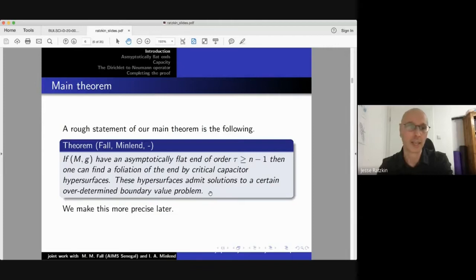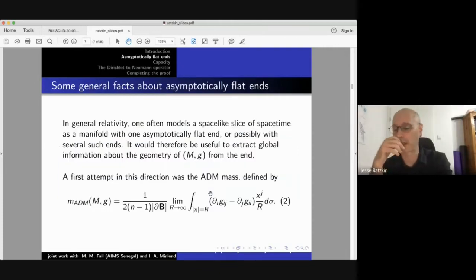Okay, so I want to begin with just some background of asymptotically flat manifolds, what they are, why people might be interested in them, and what tools one might use to study them.